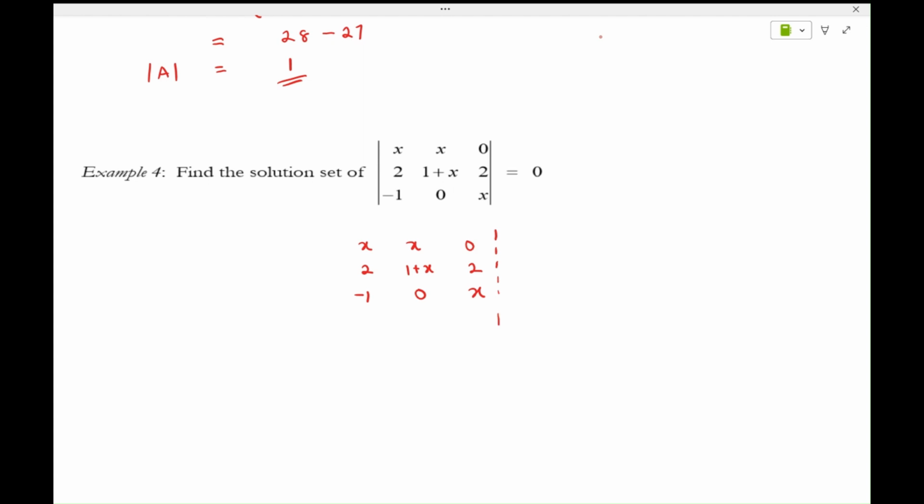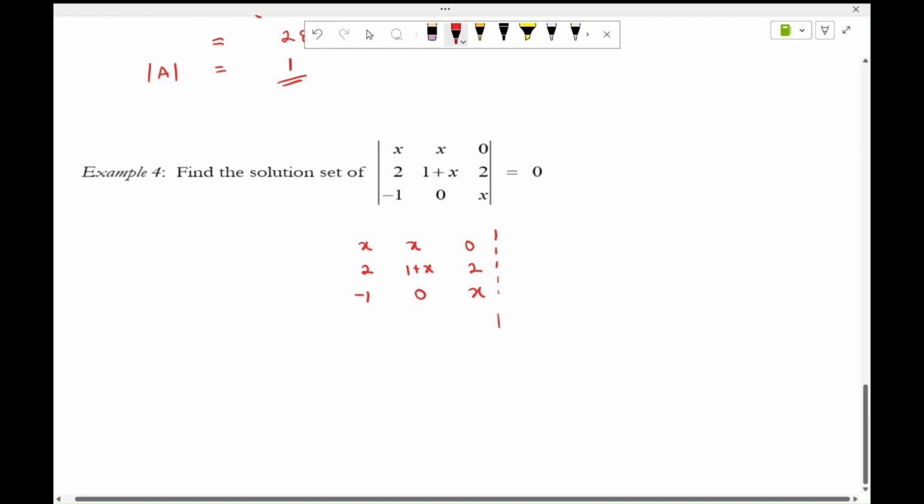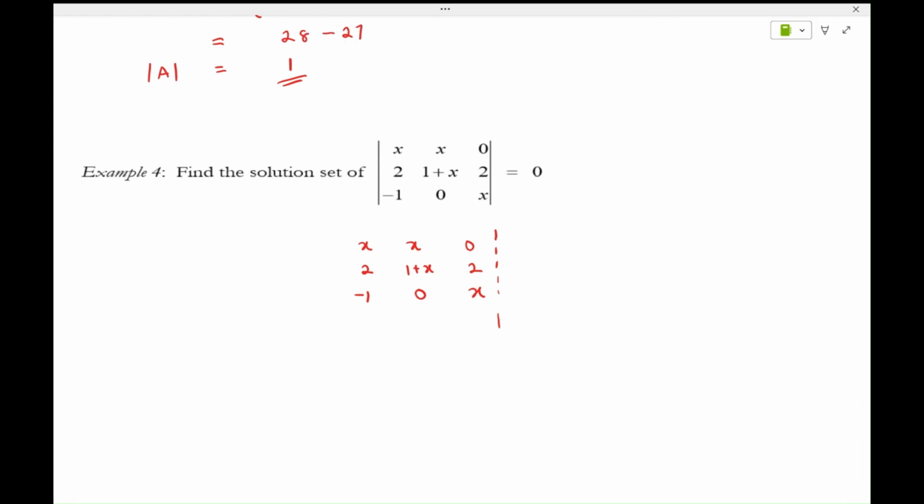Then we'll copy the first two columns, which is x, 2, minus 1, x, 1, plus x, 0. Then we'll draw our diagonal, so we can consider this.